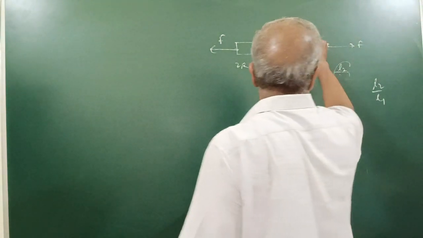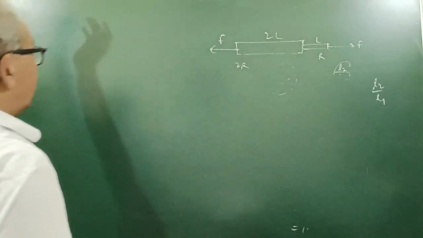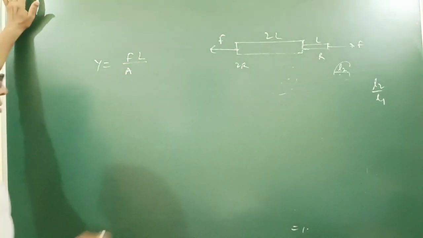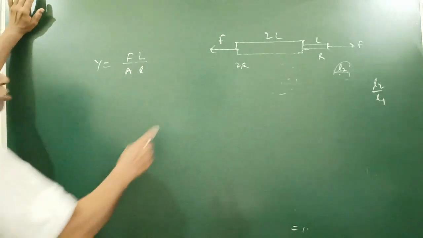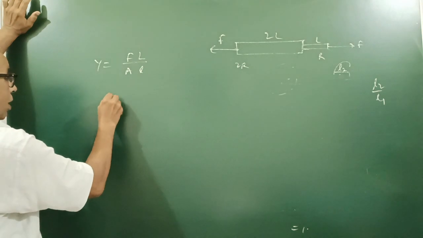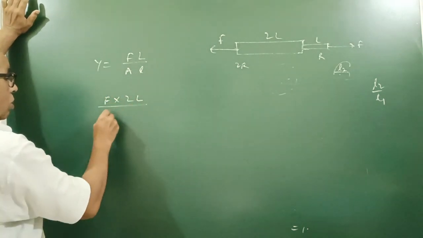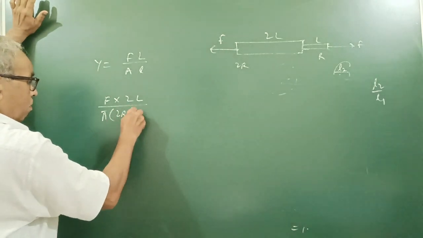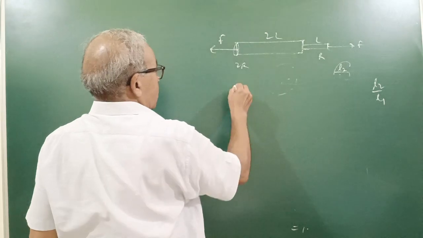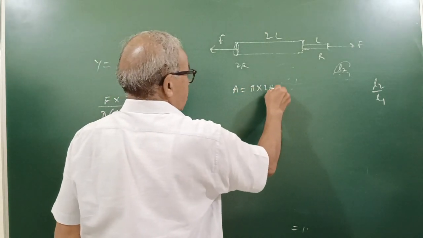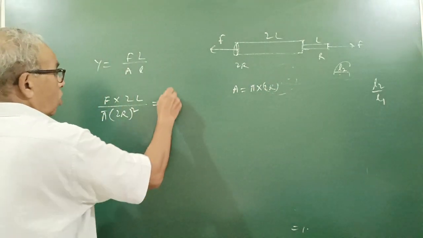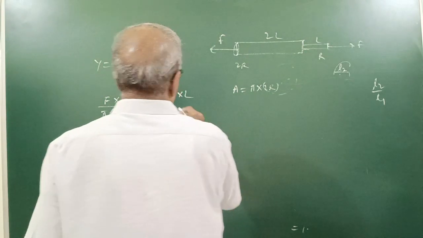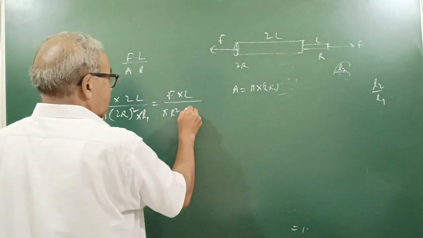Both wires are copper, so they have the same Young's modulus, and Y equals F into L upon A into the elongation. For the first wire we take the same force F into 2L upon A, where A is the area of cross-section, A equals pi r square, so pi into (2r) whole square, is equal to F into L upon pi r square into L2.